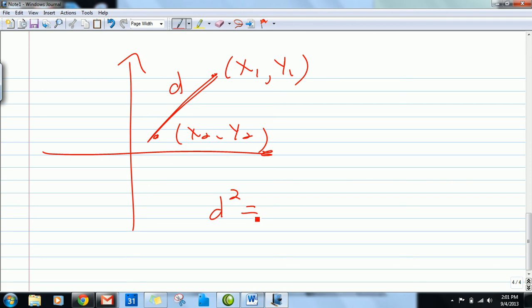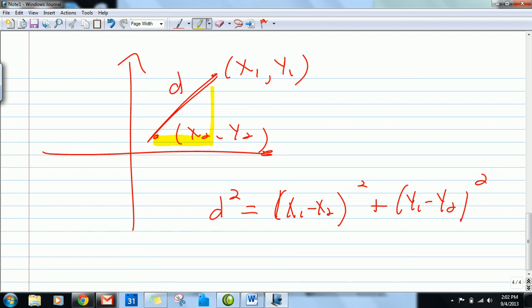And what happens is that each side of the right triangle that I can create will have either a length of the difference in the x's or the difference in the y's. Okay, squared because it's quote-unquote a. So here's your a side right here. Here's your b, quote-unquote, difference of y's, and the d is your c.